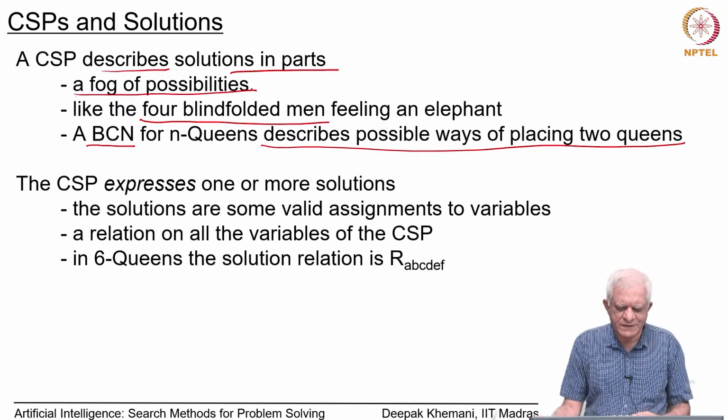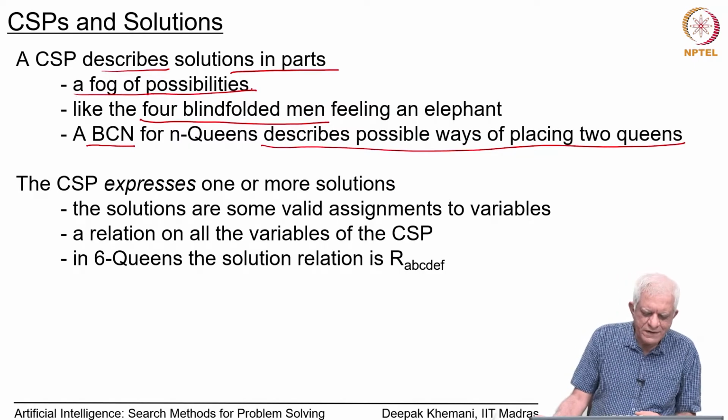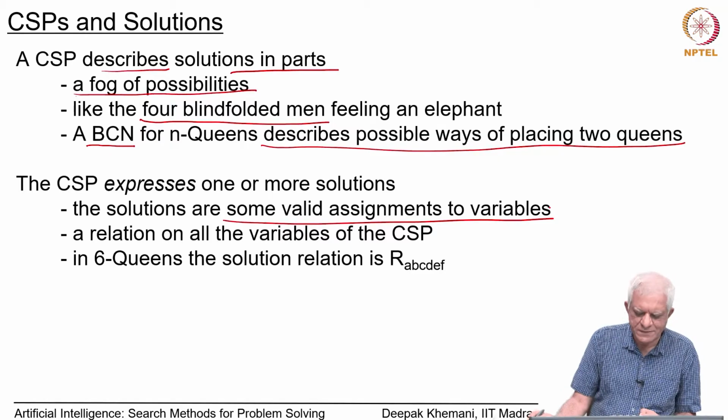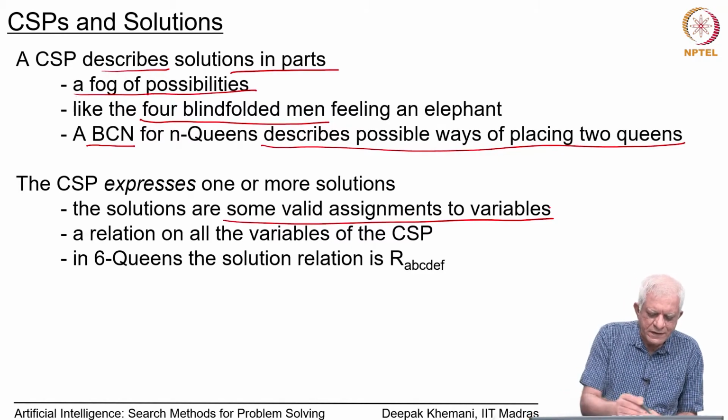So, a CSP expresses those solutions, and as we have said, there are valid assignments to variables, which means all the constraints must be satisfied. The solution is a relation on all the variables of the CSP.